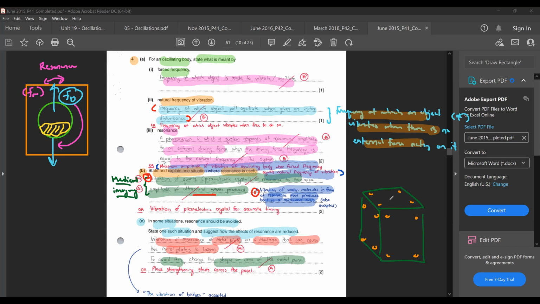You need something to fasten the plates to the washing machine. So if your washing machine is vibrating a lot, these screws or bolts will start to come off. When they come off, your plate would also come off along with it. That's what this statement here is referring to: metal plates on machine will start to loosen.